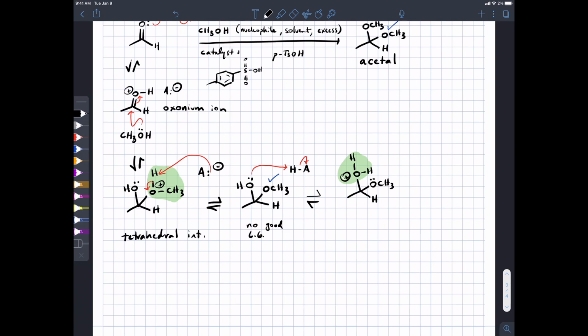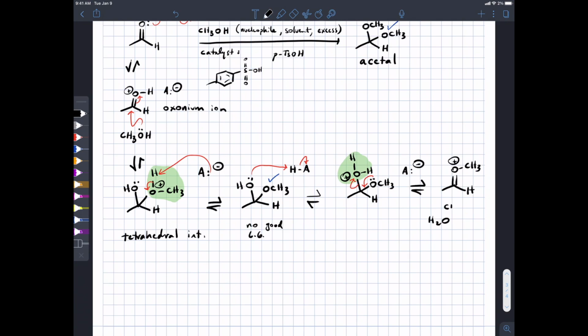So it should be reasonable for the neutral oxygen on methanol to kick its electrons down and kick water off as a leaving group. When we do that, we get another oxonium ion, only this time the oxygen is positively charged because of the methanol carbon. Water was our leaving group there. Now, if water attacked that carbonyl carbon again, that would take us back to this previous intermediate.